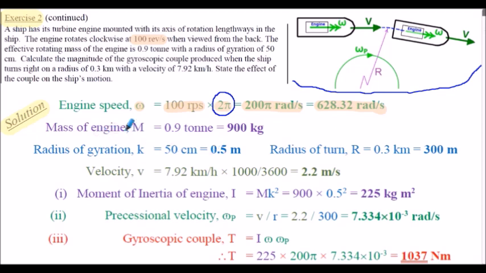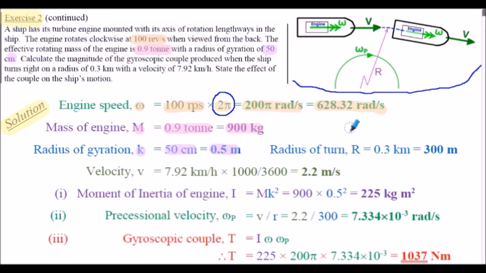Extracting the engine mass from the question, that's stated as 0.9 tons, so mass actually is 900 kilograms in our calculations. And the radius of gyration stated in the question is 50 centimeters. So k, 50 centimeters, converted to meters, is 0.5 meters.